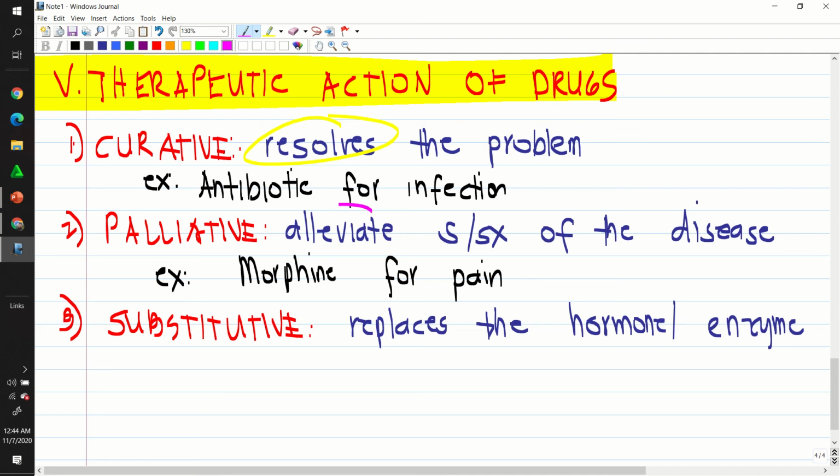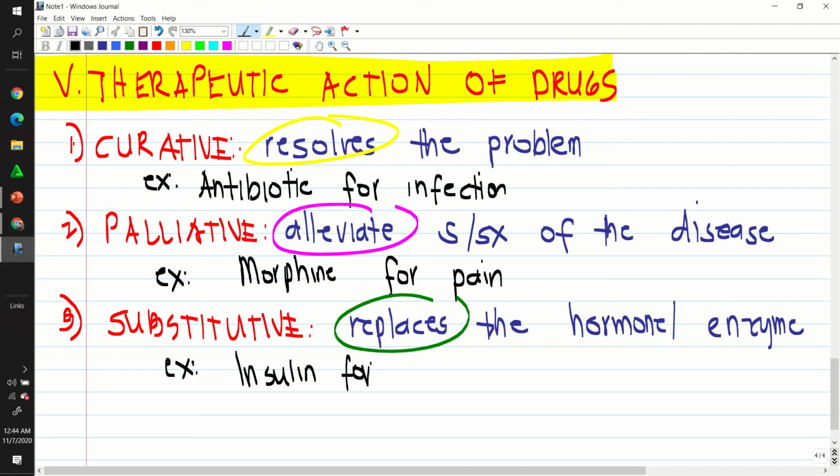Your palliative, it will just lessen or alleviate. Your substitutive, it will just replace the hormone that is missing or the enzyme that is lacking in the patient. A good example, although this may sound cliche, is insulin for diabetes mellitus patient.